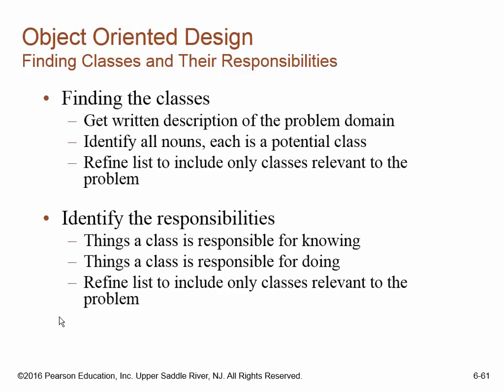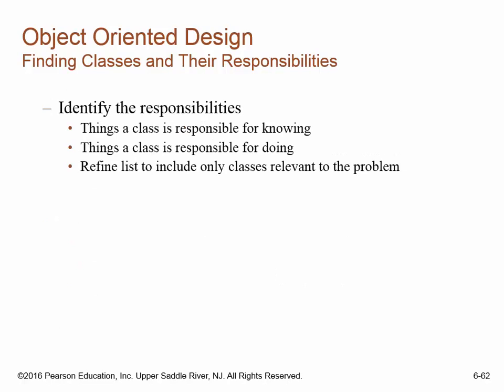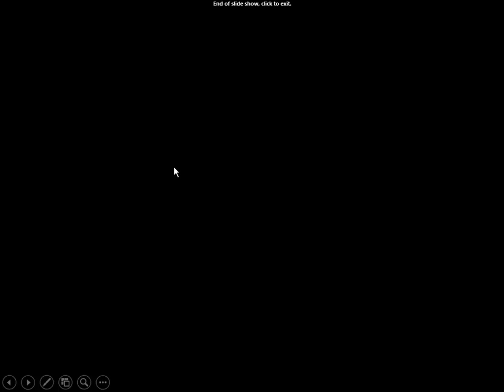They might be objects or they might be something else. Then you identify all of the responsibilities. That's typically the verbs. Those are things that can potentially become your methods. As it says, things a class is responsible for knowing and for doing, and then you refine it as necessary. And that's it for this chapter.